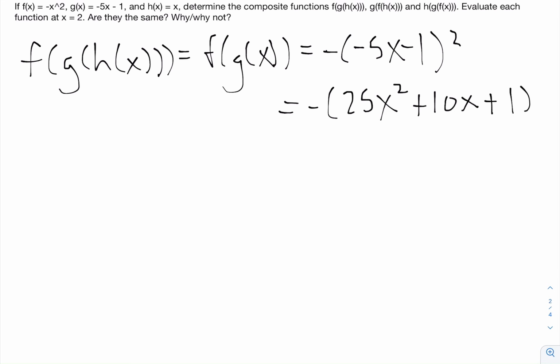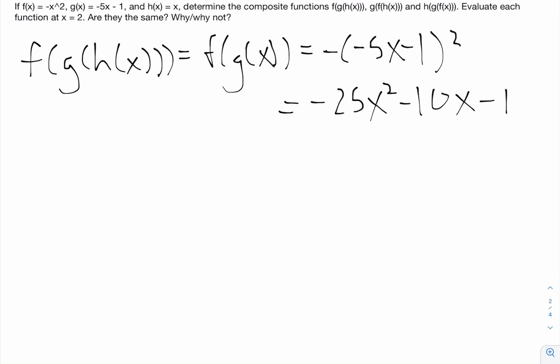So this would be negative 25x squared minus 10x minus 1. Okay, because we could always just factor out this negative here. So it would be negative (5x plus 1) all squared. So it's really just negative (5x plus 1) squared. Okay, so this is f of g of h of x.